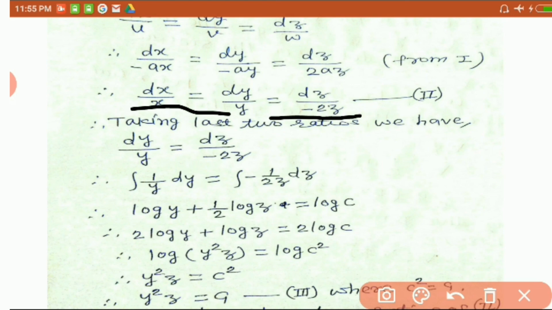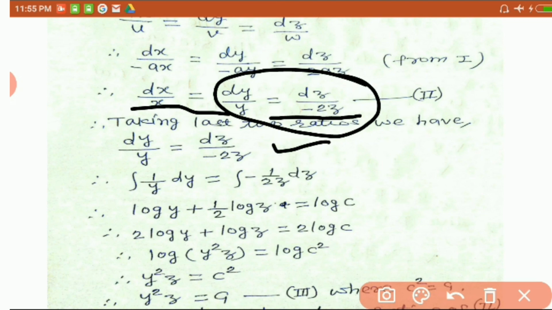Now taking the last two ratios, we get dy upon y is equal to dz upon minus 2z. Now integrate this. We get integration of 1 upon y is log y, plus 1 by 2, integration of 1 upon z is log z, with integration constant log c.